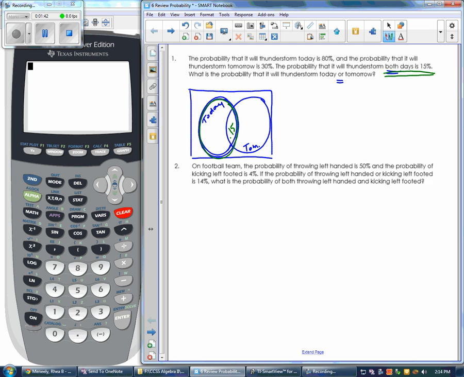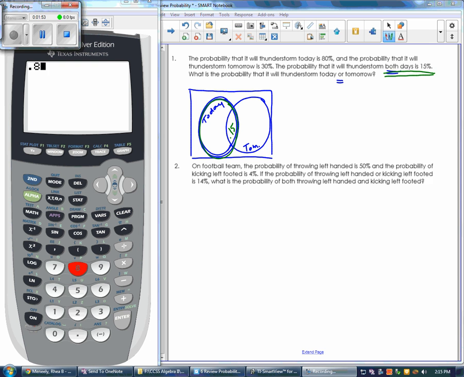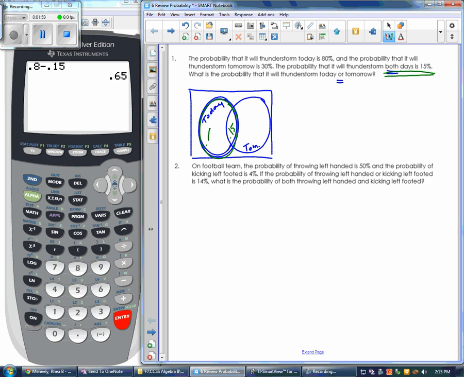If I plug that in, and I know that the whole circle for today has to add up to 80, if I take my 80% and subtract away the 15, then I know 65% of the time it'll rain only today and not tomorrow.